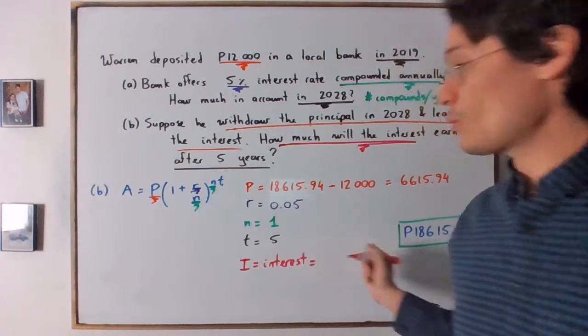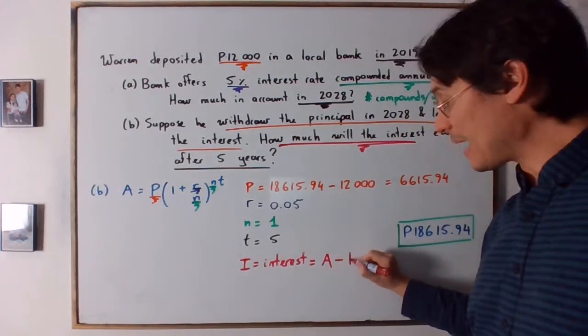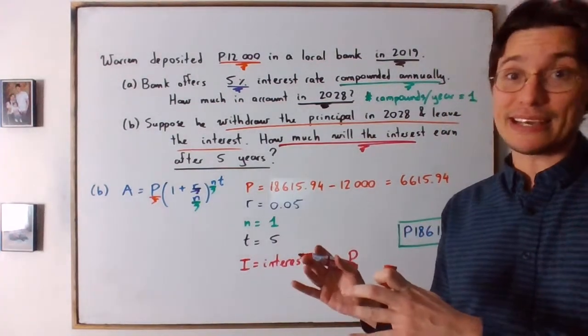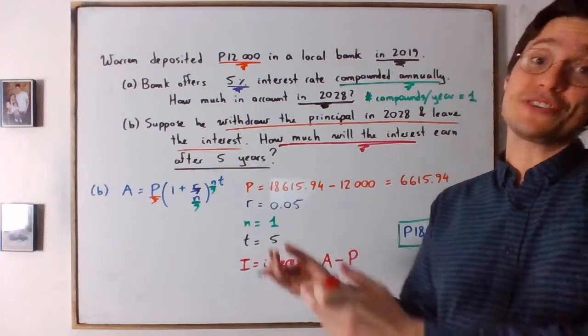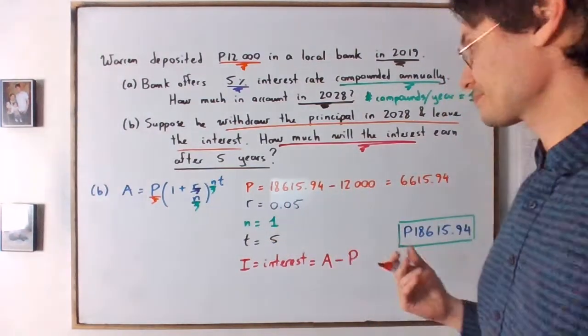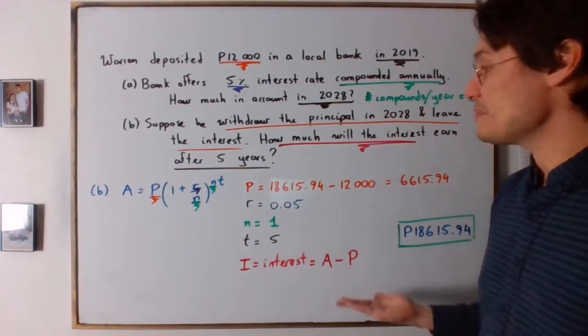And what is it? Well, it's quite simple. It's the overall amount minus the principal, right? So the amount that is in the account after 5 years minus what it was when you started. So we need to keep that in mind.